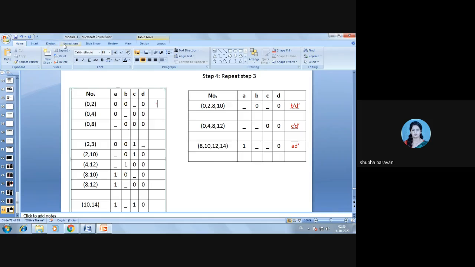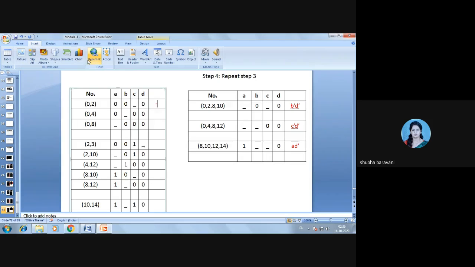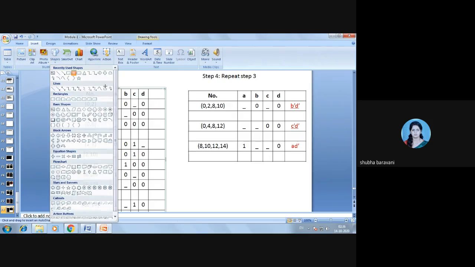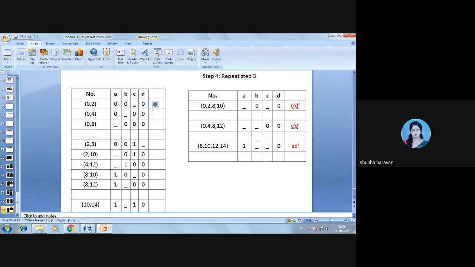Okay, 1 minute. You all have put check marks there, right? You put a check mark. Okay, I'll put this one. Next it was here 2 10.